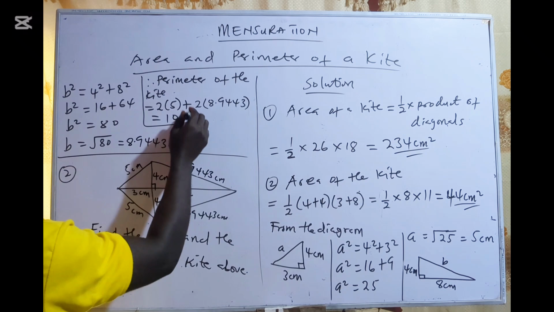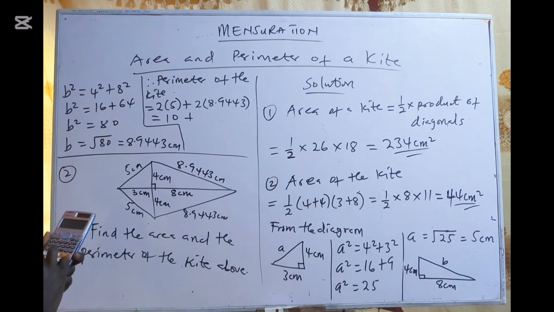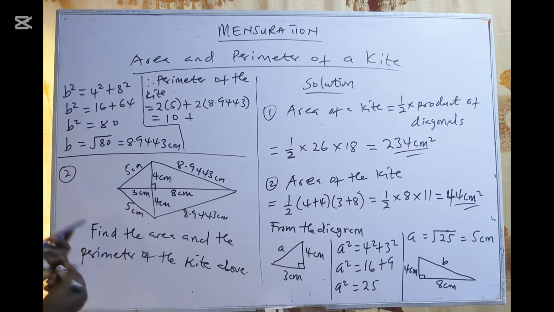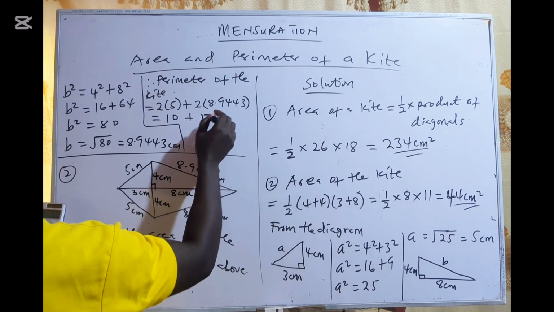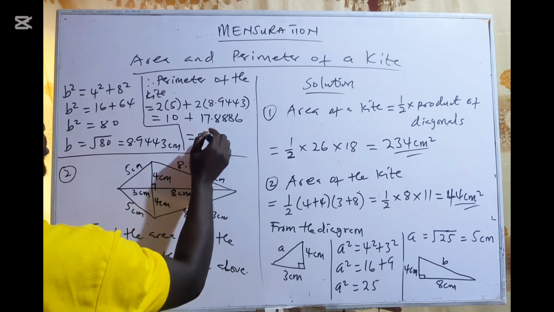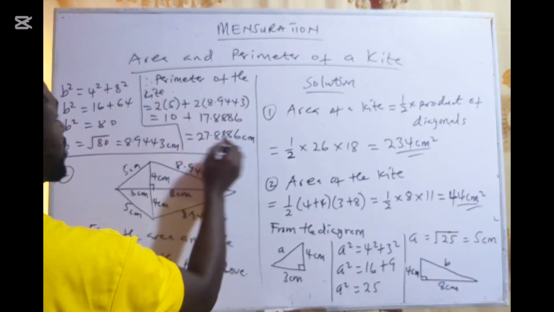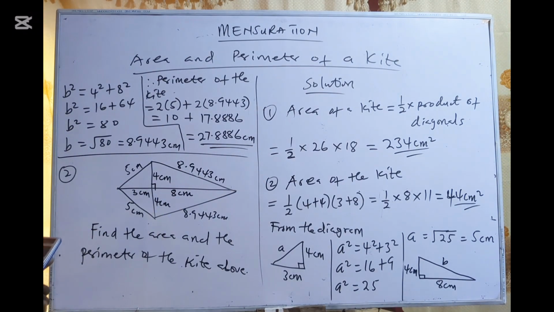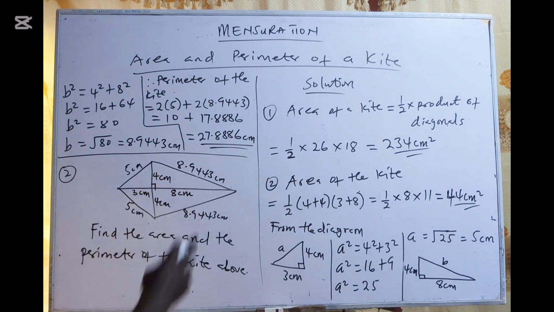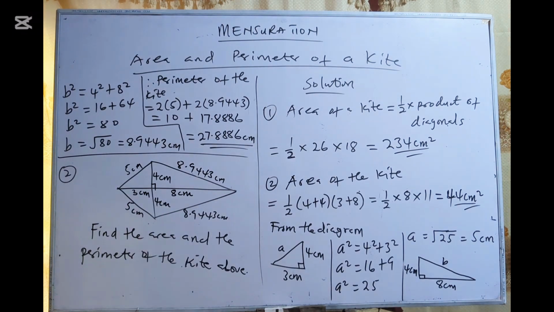So 10 plus 2 times 8.9443. That will give us 17.8886. So when you add all, it will give us 27.8886 centimeters. So this is the perimeter of the kite, 27.8886 centimeters. I believe you have understood.